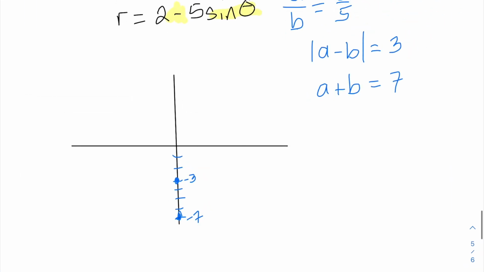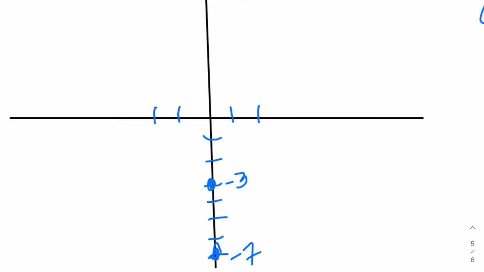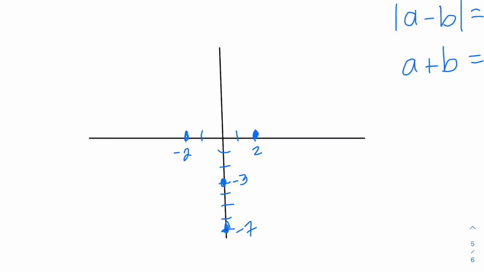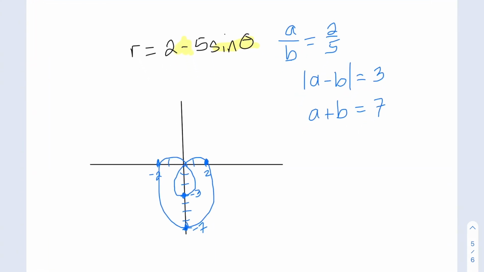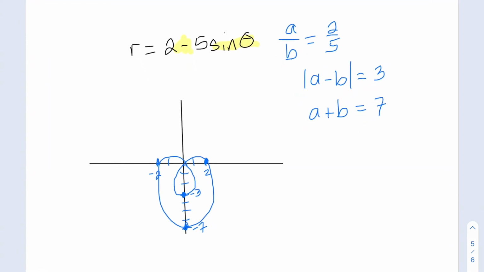And then our value for A, remember, told us the intercepts along the opposing axis, which in this case will be the horizontal axis. So we'll have 2 and negative 2 as our x-intercepts in this case. And now that we have those 4 key points, we can go ahead and try to draw in our limacon. So here we're going to have an inner loop, and then it's going to have these particular x-intercepts, and this would be our final graph.